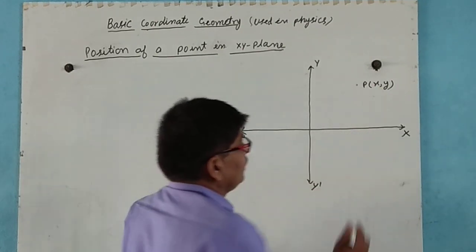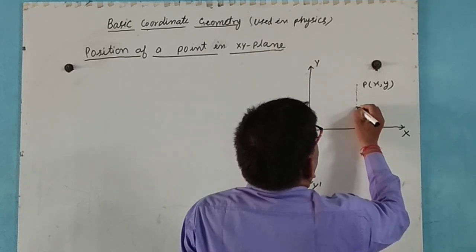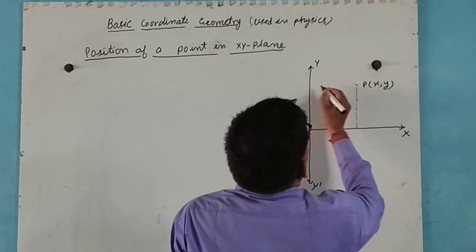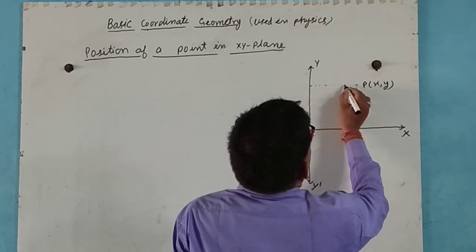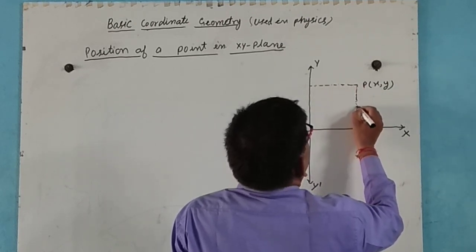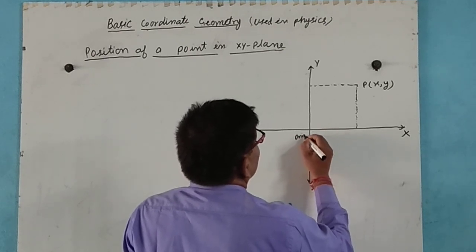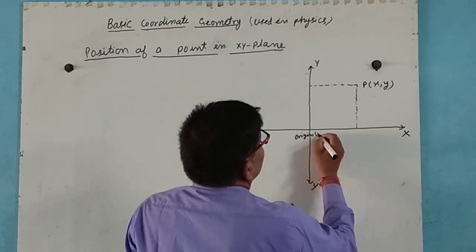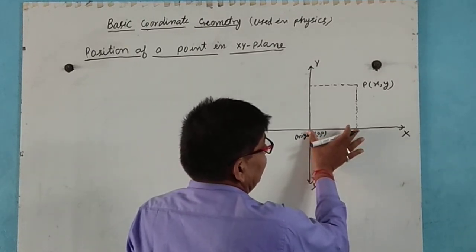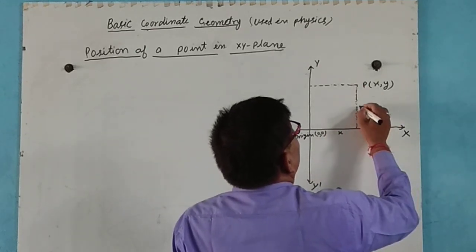This is the x-axis. Here we draw a line perpendicular to it, so that this is the origin. The origin has coordinates 0, 0. And this distance is x and this distance is y.